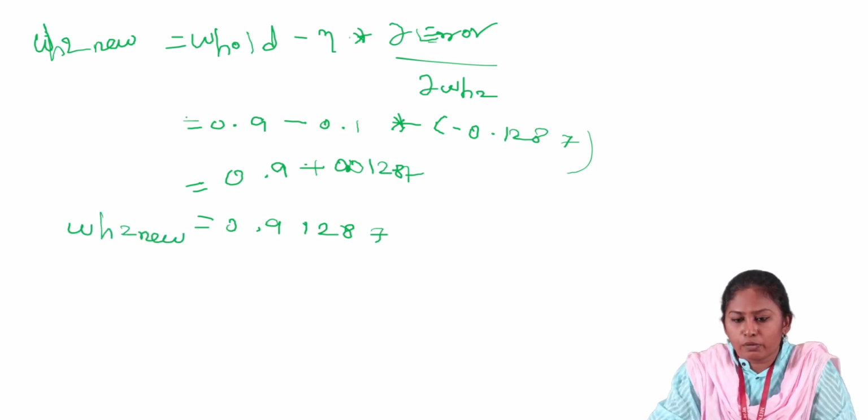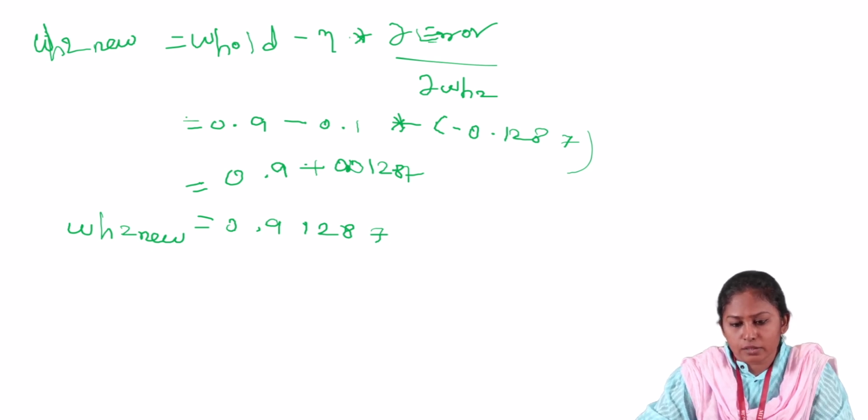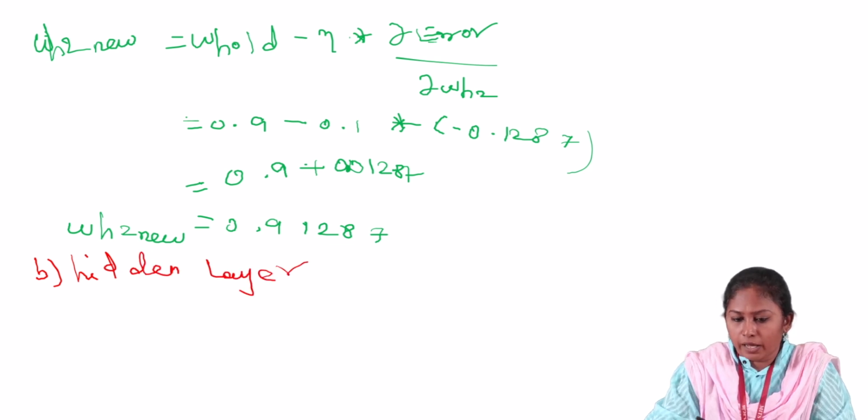Now we have calculated the updated values of weights WH1 and WH2. Until now we have only completed the output layer to the hidden layer. Now we have completed the output layer, and we have to start with the hidden layer.